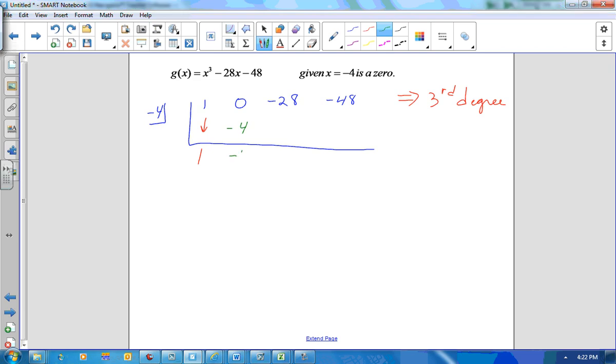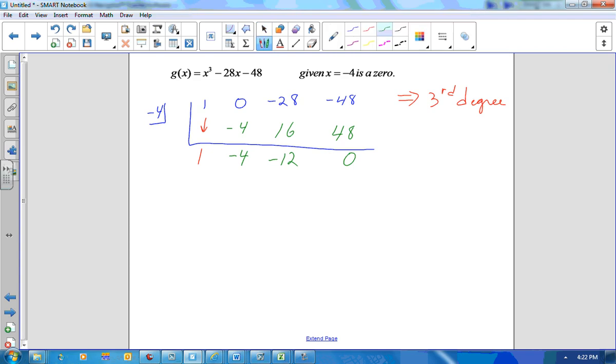Add -4 and 0, I get -4. -4 times -4 is +16. Add +16 to -28, and I get -12. -4 times -12 is +48. I add those and get 0, which I should, because if -4 is a 0, when I put it into the function to evaluate it, I should get 0 as a remainder.